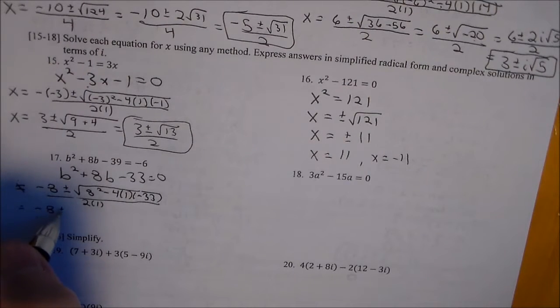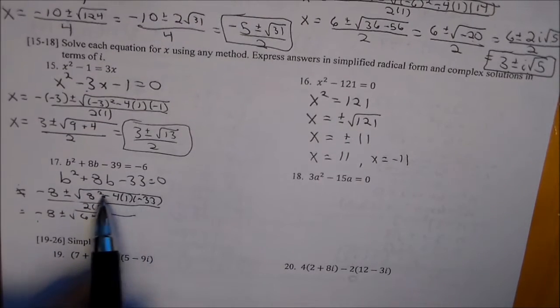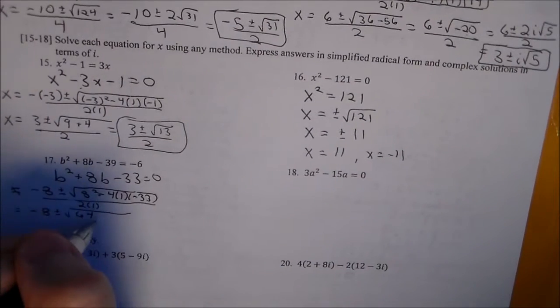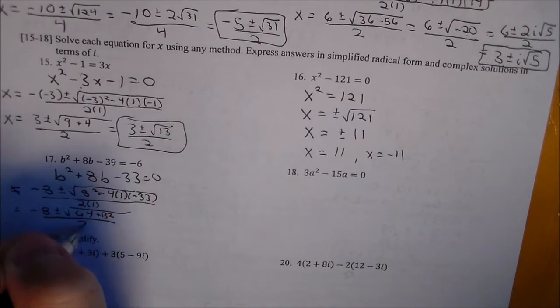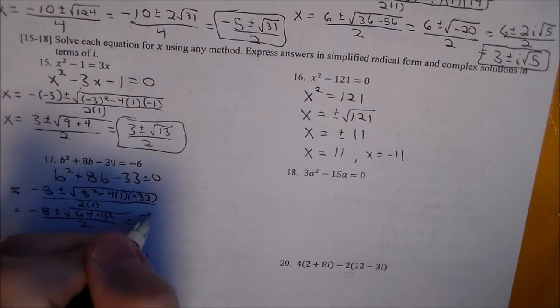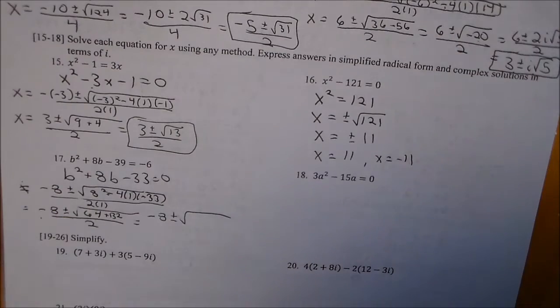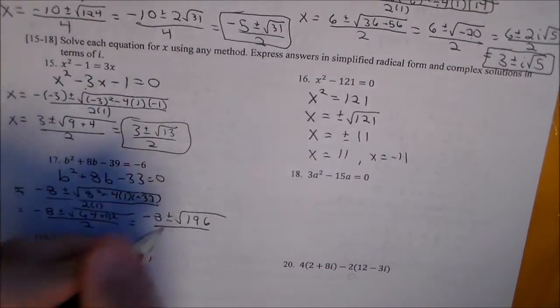So we got negative 8 plus or minus the square root of 64. I got two negatives here, so that's going to be an addition. So 4 times 33, I'm going to add 132 to 64. So 132 plus 64 gives me 196. That's over 2.